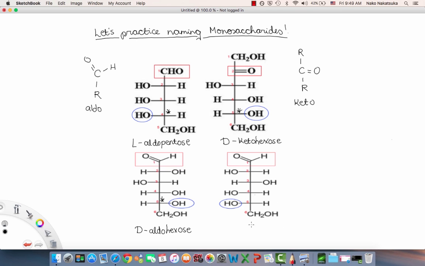But looking at this guy, since it has 6 carbons, again it will be hexose. And it has an aldehyde group, so it would also be aldohexose. But the final stereocenter has an OH group to the left, and thus it's L-aldohexose. So now you can see why it's really important to distinguish between L and D configurations, because these two molecules have the OH groups at different locations, but they have the same molecular formula.